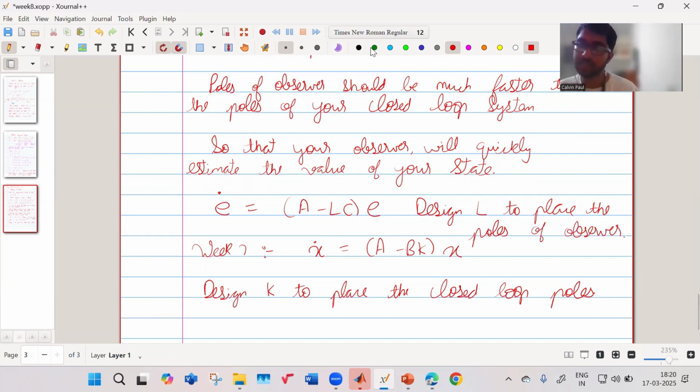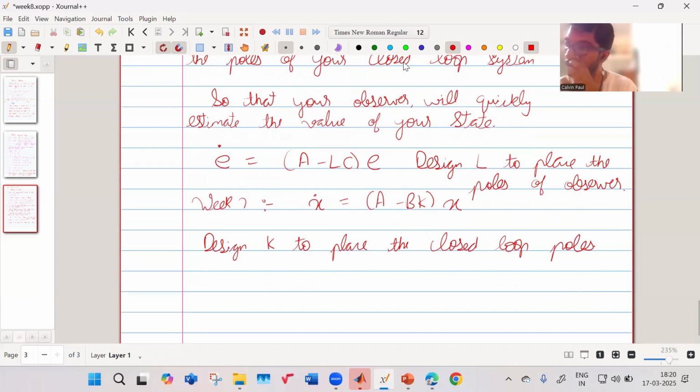All the previous things which we had done earlier had various ways. One was the Ackermann, one is the Bass-Gura algorithm. All of these methods are valid even for our observer design.